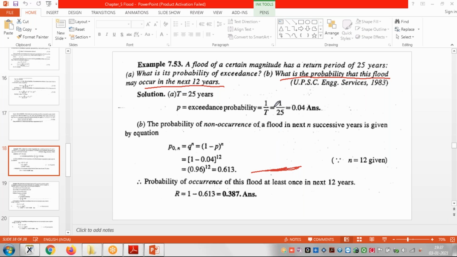Yes, he is asking reliability. And for reliability, we have seen the formula: reliability is equal to 1 minus p raised to the power n. We will put the value of p, and for how many years? Here 12 years, so n is equal to 12. They have put this value and they get 0.613.